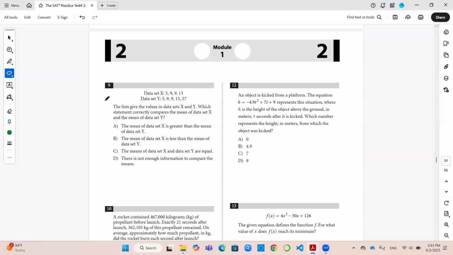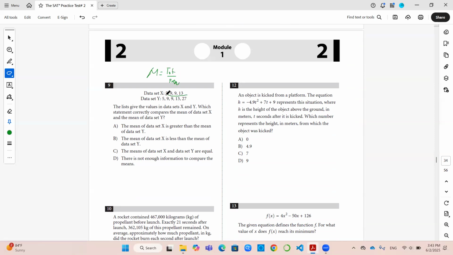Okay, the lists give the values in data sets X and Y. Which statement correctly compares the mean of data set X and the mean of data set Y? So mean is equal to the total divided by the frequency.